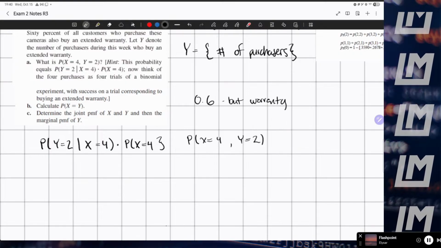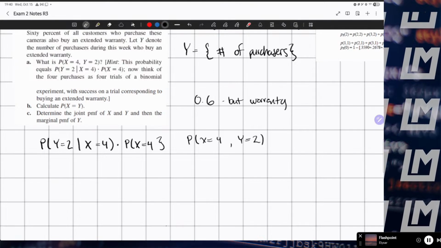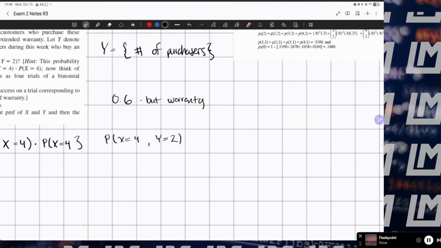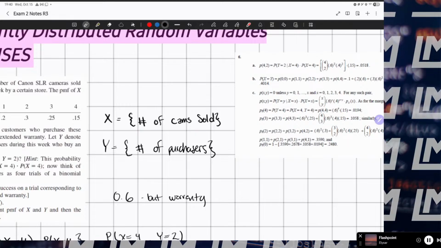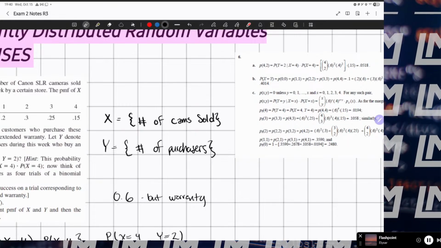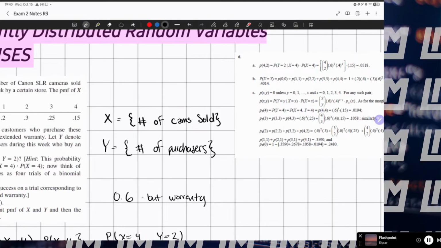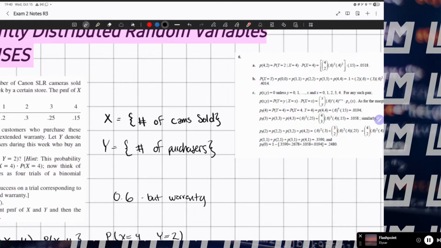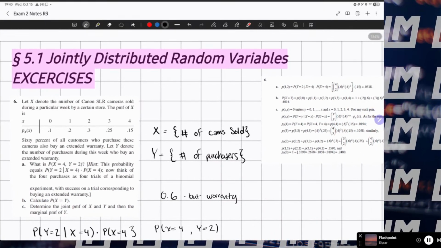And binomial instead of "and." Yeah, this problem is problem number 6, section 5.1.